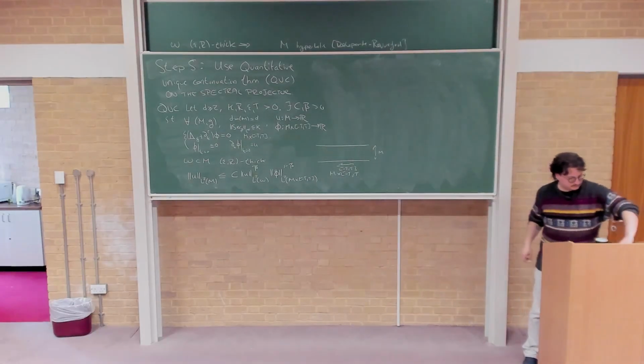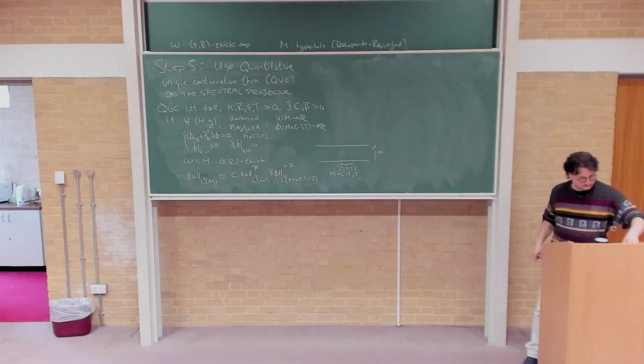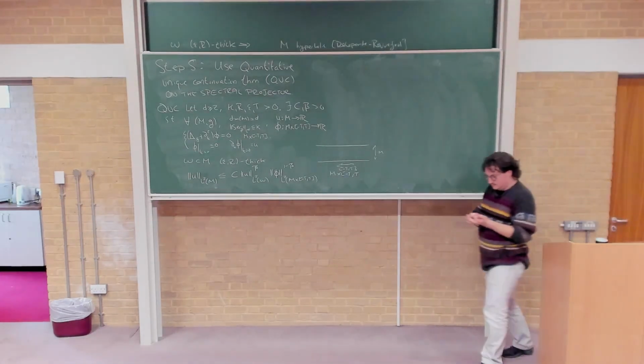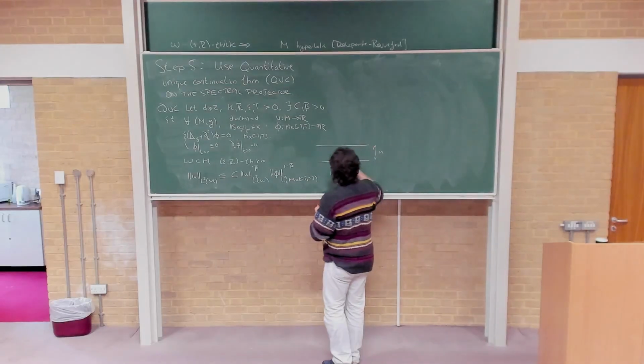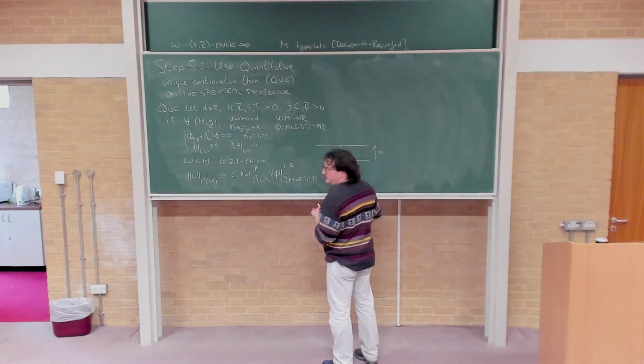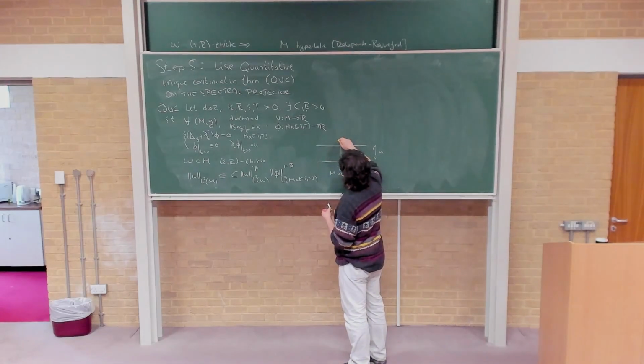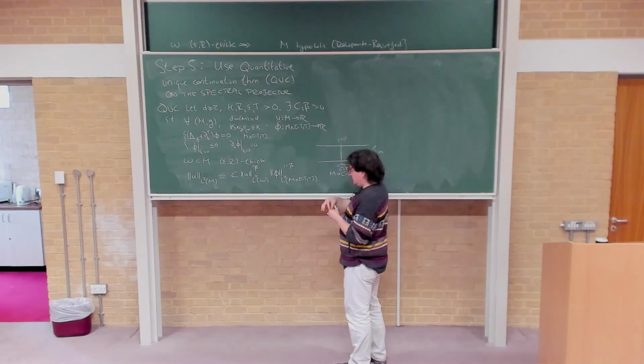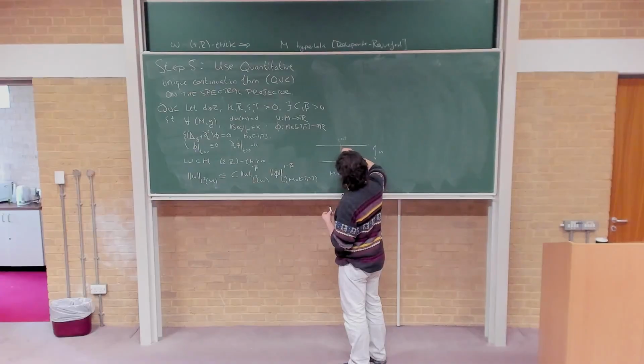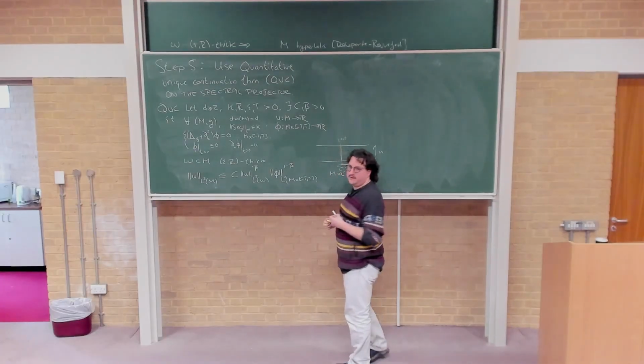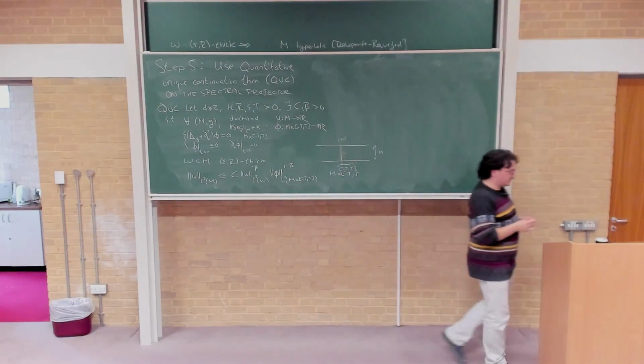And I have this slice here, that's t equals 0, and I have some small set omega inside here.